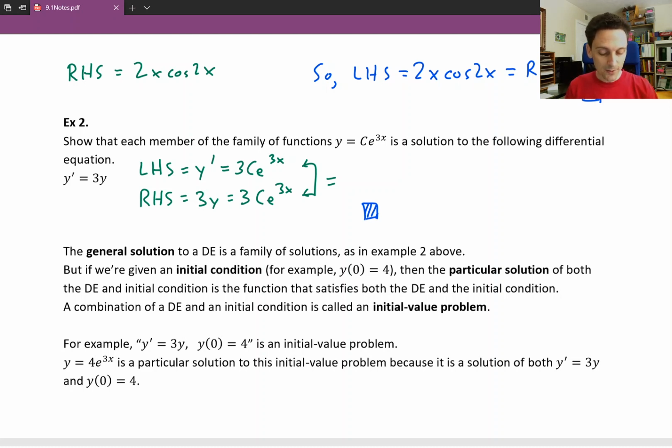So you can take it to be not just a single solution, because c can be anything, it's actually a whole family of solutions. You could write y equals 2e to the 3x and it would be a solution. You could write y equals 5e to the 3x and it would be a solution to the differential equation. So it's a whole family of solutions. It's an infinitely large family.